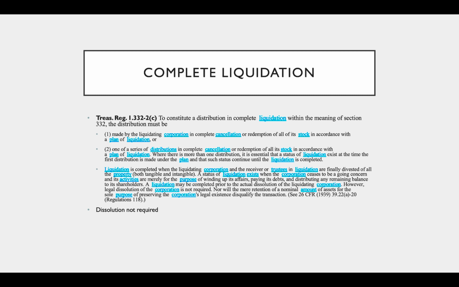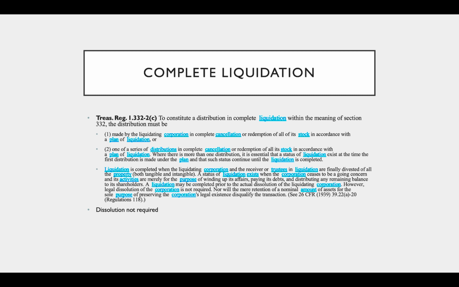For Section 332 to apply, it has to be a complete liquidation. And Treasury Regulation 1.332-2(c) defines what that means. To constitute a distribution in complete liquidation within the meaning of Section 332, the distribution must be made by the liquidating corporation in complete cancellation or redemption of all of its stock in accordance with a plan of liquidation, or one of a series of distributions in complete cancellation or redemption of all of its stock in accordance with a plan of liquidation.